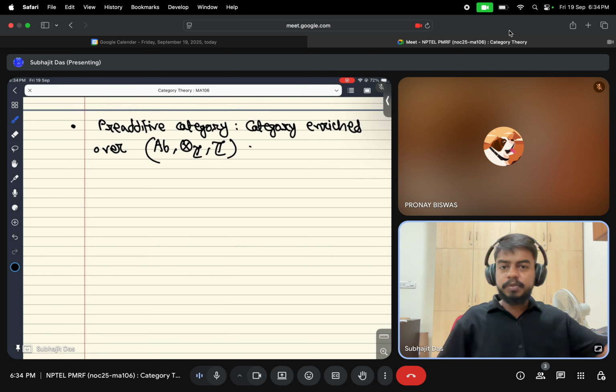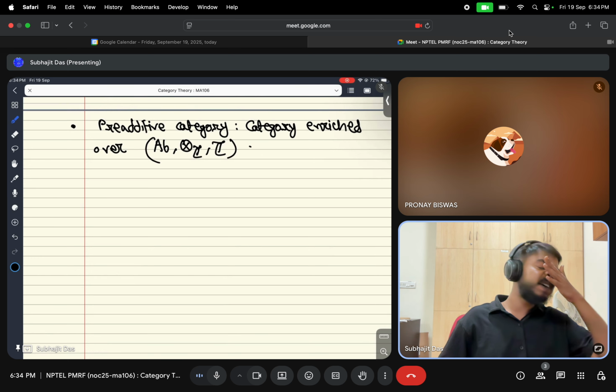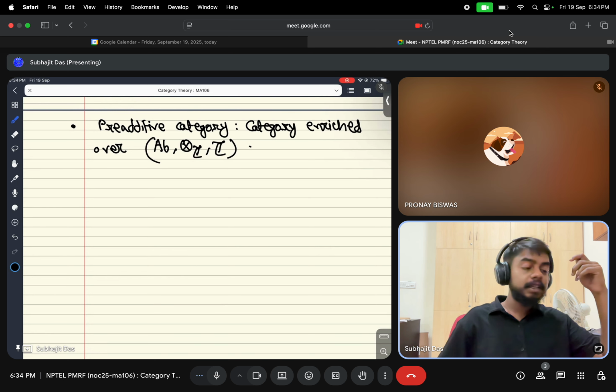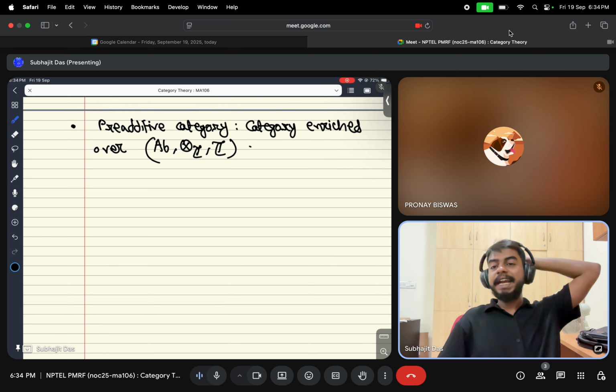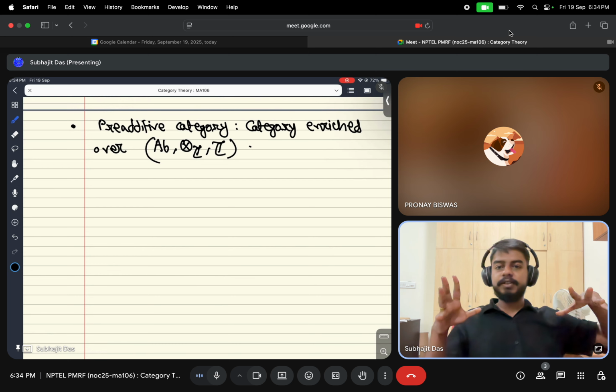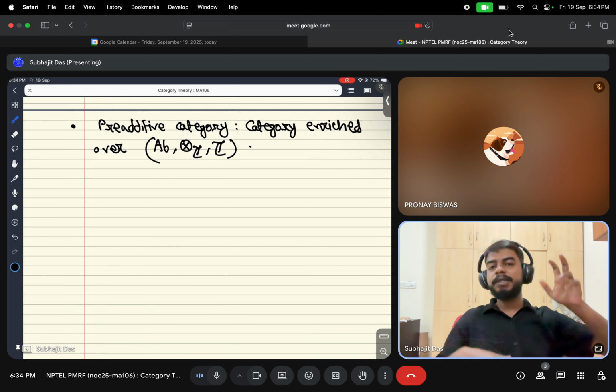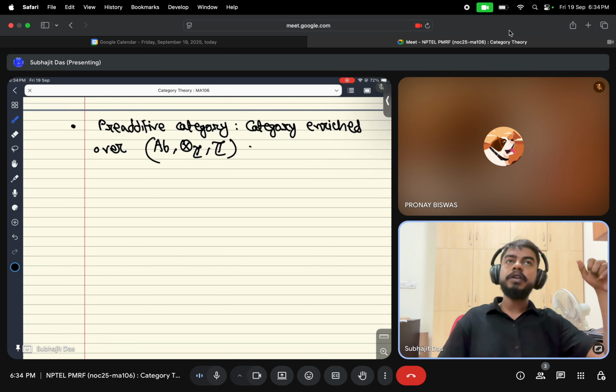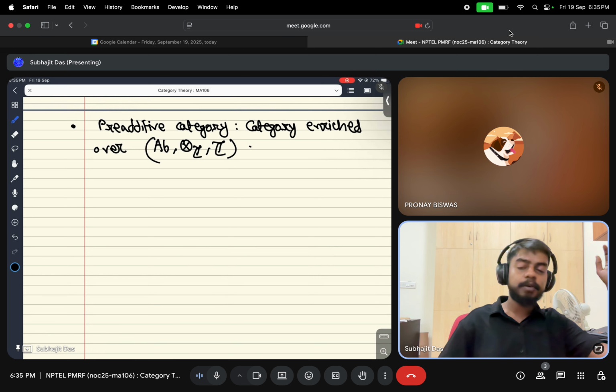So in other words, if you break down the entire thing, what you would have in detail is that a pre-additive category consists of a class of objects. For every ordered pair of objects, there is an abelian group, which we'll call the Hom abelian group, from the first object to the second object.